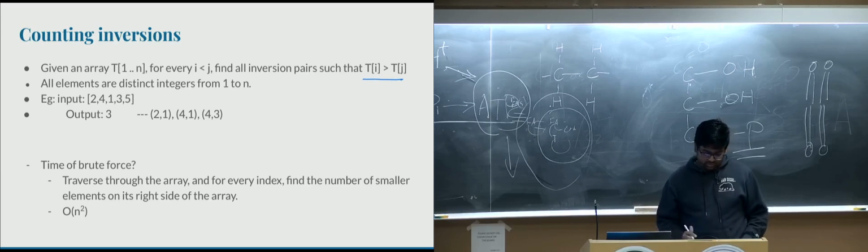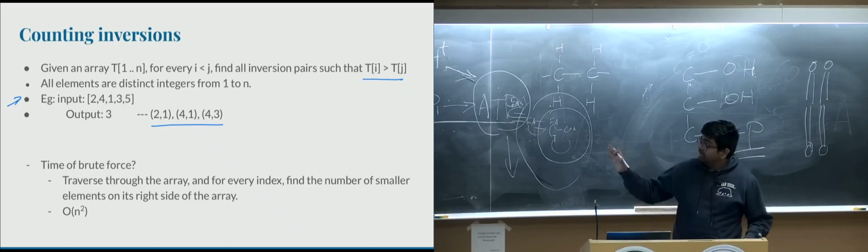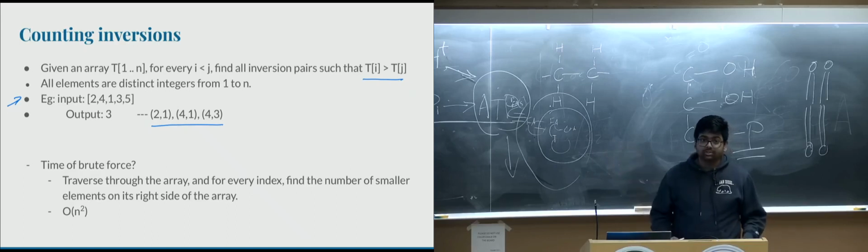All elements are distinct integers from 1 to n. For this example input, you will have 3 pairs where T of i is greater than T of j for every i less than j. You have to give the count of these pairs.